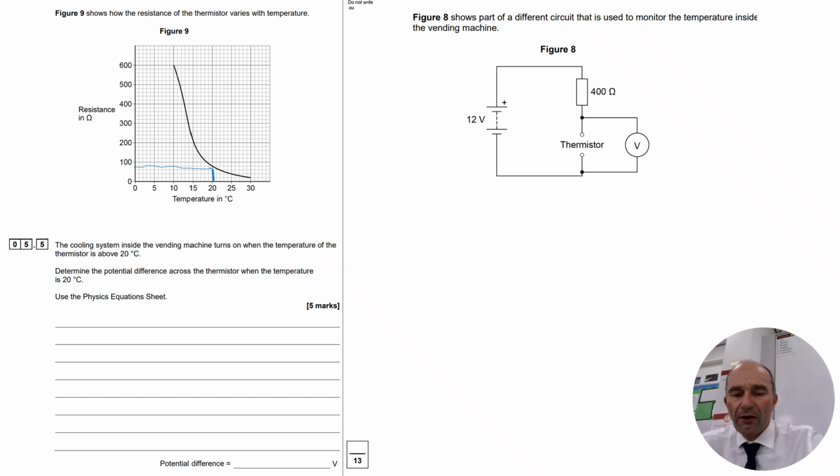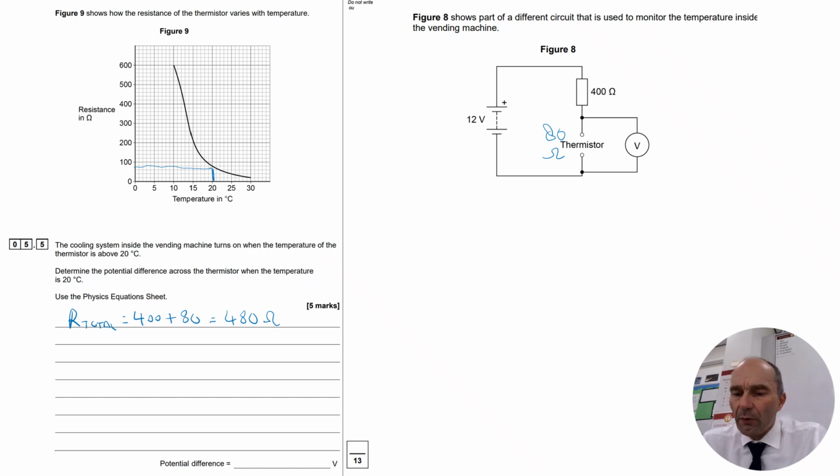So we've got 80 ohms of resistance across our thermistor. So just write in 80 ohms. Now, the important thing for this is we've also got a fixed resistor within our circuit. So it means that the total resistance, our total in our circuit, is going to be 400 ohms plus the 80 from the thermistor. So we've got a total resistance within the circuit of 480 ohms.